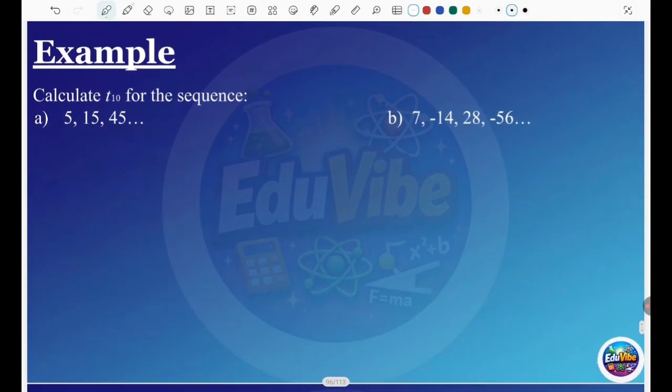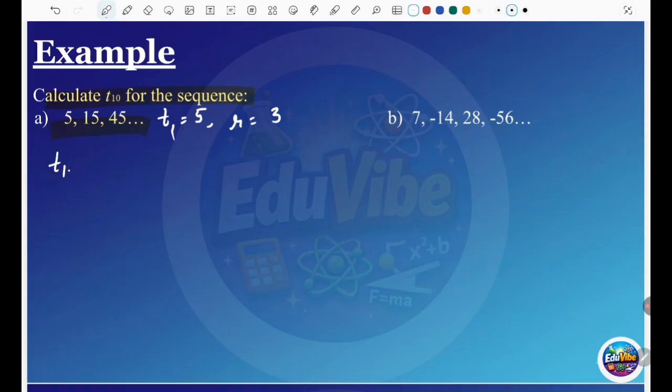So here we have to calculate the 10th term for the sequence 5, 15, 45 and so on. This is an infinite sequence. Your T1 is 5. Your r is 15 divided by 5, which is 3.